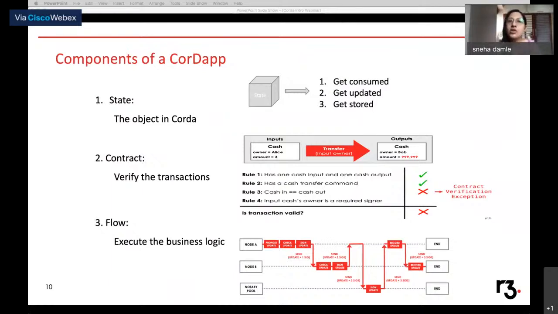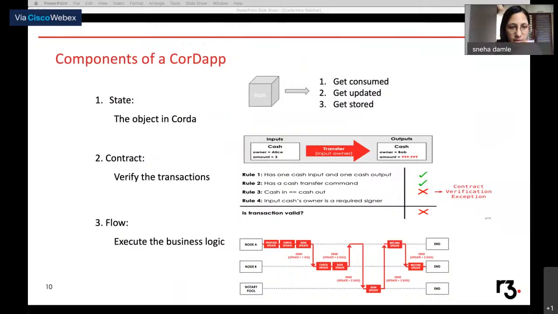So all business rules... the transaction proposal is valid only if each and every business rule or constraint which you have added in the contract is met. If each and every contract rule passes, only then can you say that the transaction proposal is valid, and only then can you say that the input is consumed and the new output is created.